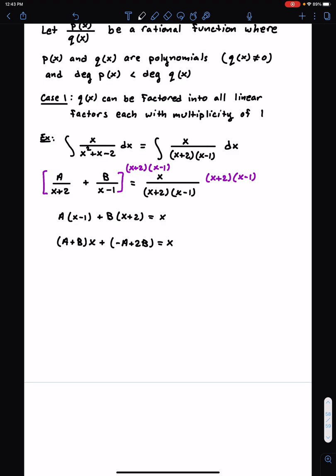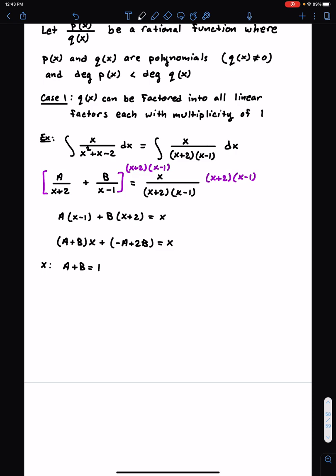So now we can set up a system of equations. If I equate coefficients, the coefficient of x on the left side equals the coefficient of x on the right side. So if I set the x coefficients equal to each other, I have a plus b is equal to 1.